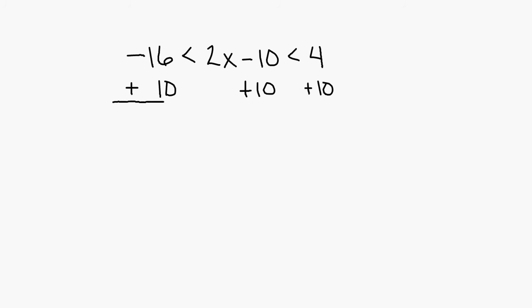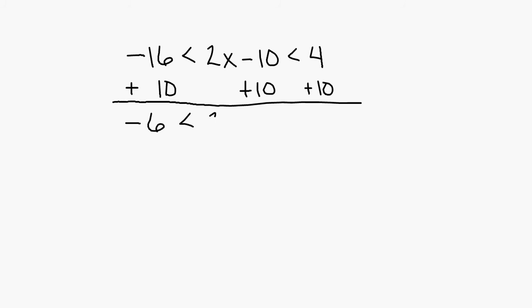Try this. Negative 16 is less than 2x minus 10, which is less than 4. Again, you're trying to get the x by itself in the middle of the inequalities. So you're going to add 10 to the middle, to the right, and to the left. So negative 16 plus 10 is negative 6.